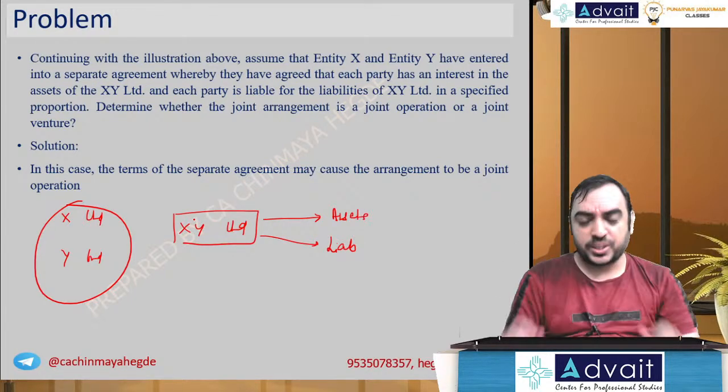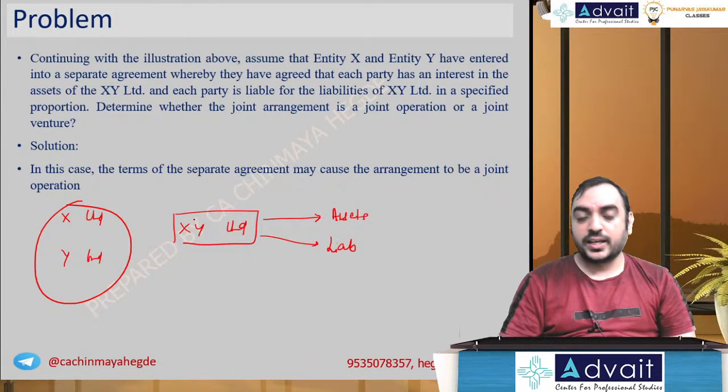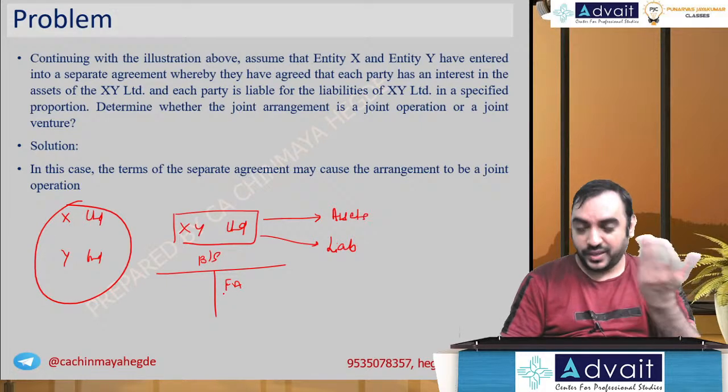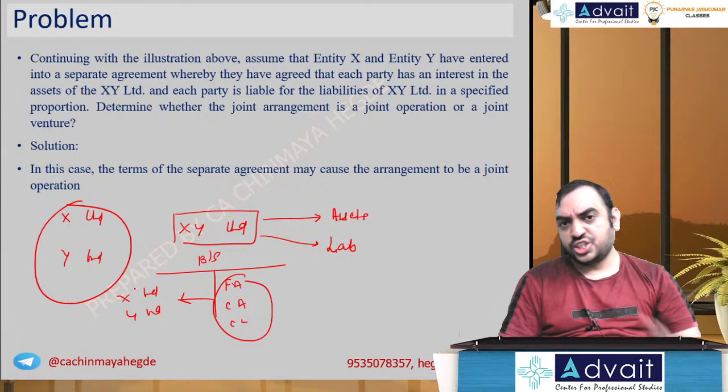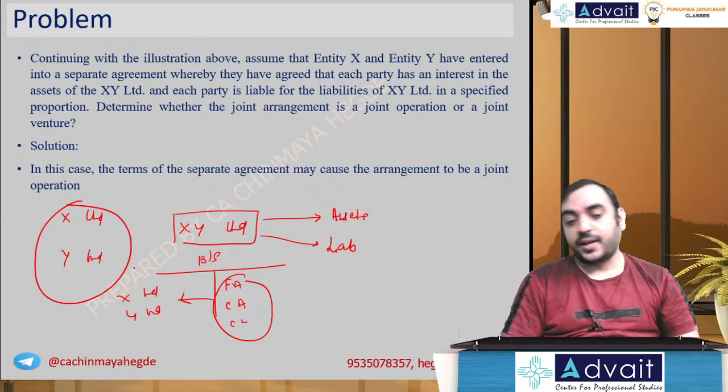It's collective ownership when you have a separate vehicle. If you prepare a balance sheet for XY Limited, you will have fixed assets, PPE, current assets, current liabilities, something like that, and it's joint ownership. Collective ownership is with X Limited and Y Limited. That is your shareholding pattern.